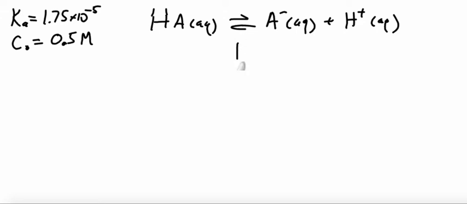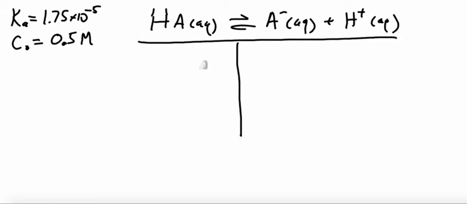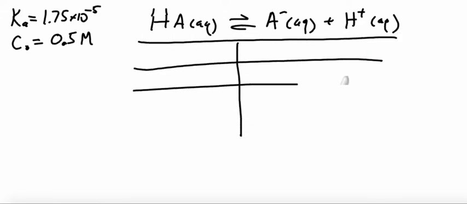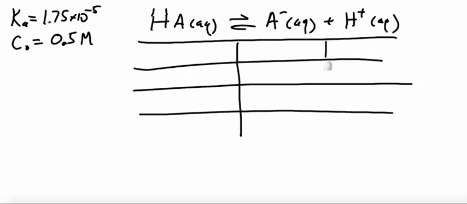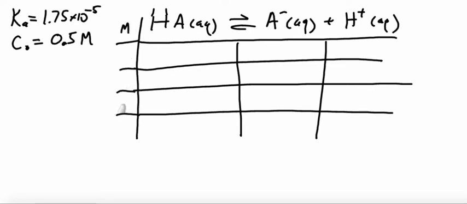Okay, so to do this we're going to do an ICE table: initial concentration, change in concentration, equilibrium concentrations. Let's use units of molarity. It's customary for doing aqueous equilibrium problems to use a 1 molar standard state. So unless there's a good reason for thinking otherwise, use molarity.